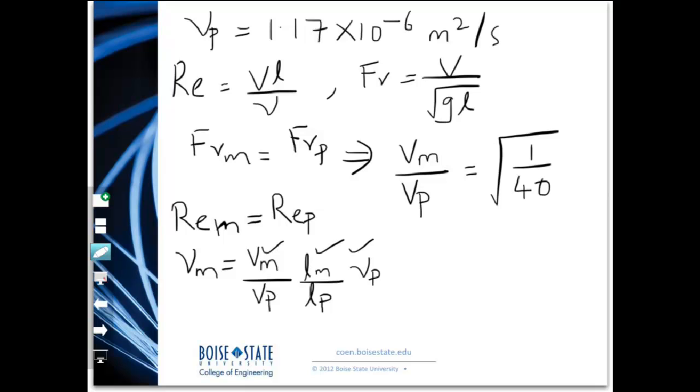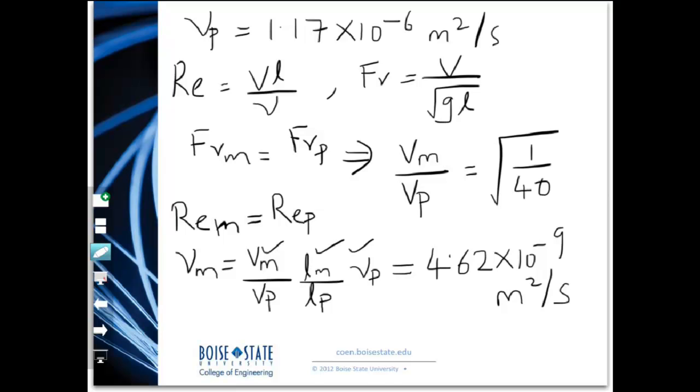If you put in all the numbers, nu_m, the kinematic viscosity of the model, comes out to be 4.62 times 10 to the minus 9 meters squared per second.